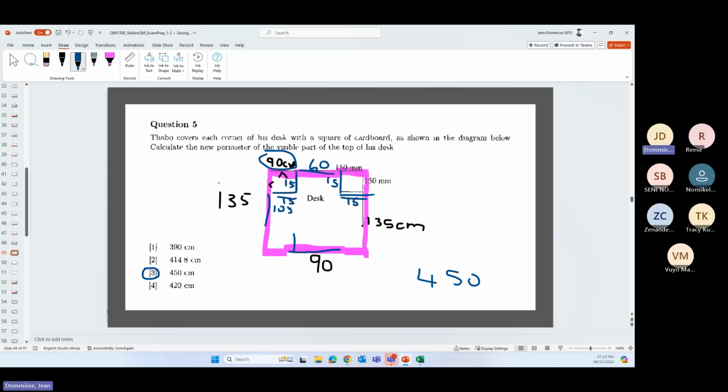So that again will give me, no, so this is a very strange one where I would have just kept it as the original, and we need to work out the perimeter. Because we in any case need to work out those pieces, it will come down to 450. Let's just quickly check. So 15 plus 15 is 50. So if I had 50 plus 50 plus 50 plus 50, it would have been 120.